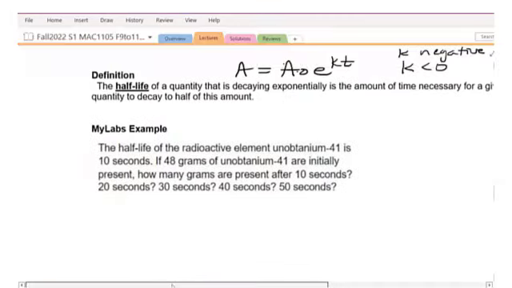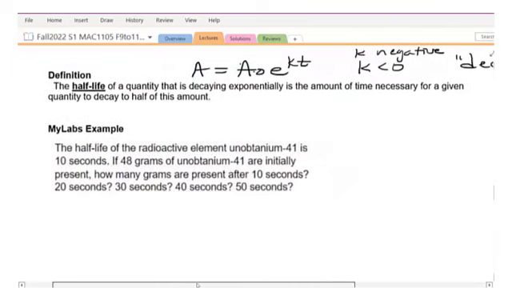A half-life of a quantity is the amount of time it takes for it to decay down to half the original amount. So if you have, say, 1 ounce of something, it's the amount of time that it takes for it to get down to half an ounce. If you have 2 ounces, it's the amount of time that it gets down to 1 ounce. It's always the same, though. It's consistent.